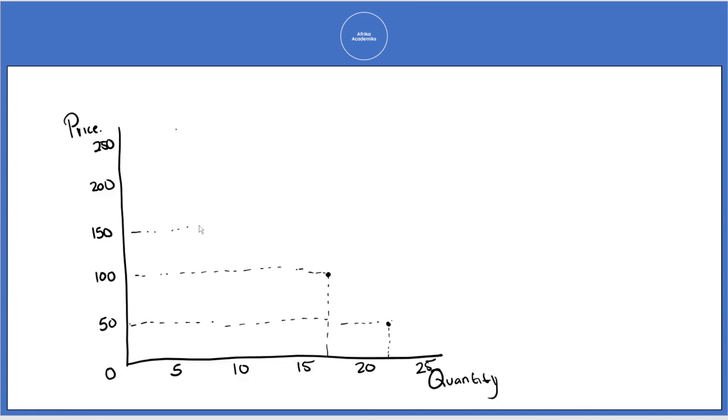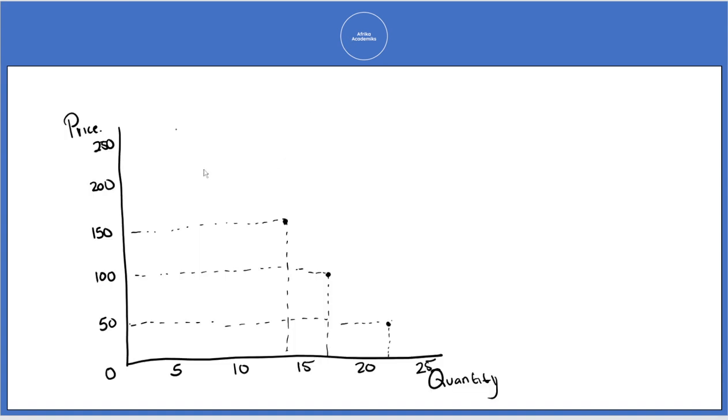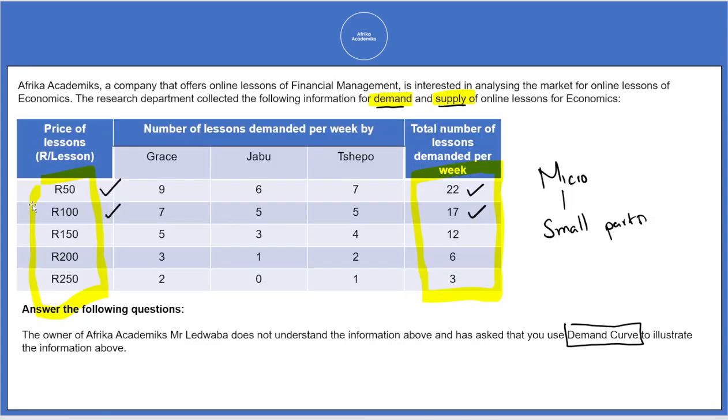I'm sure by now we can all see the trend. So you'll have 150 going somewhere there, and 12 is there. And then we'll have 200 with 6, which can be somewhere here, and then finally we'll have 250 with only 3.